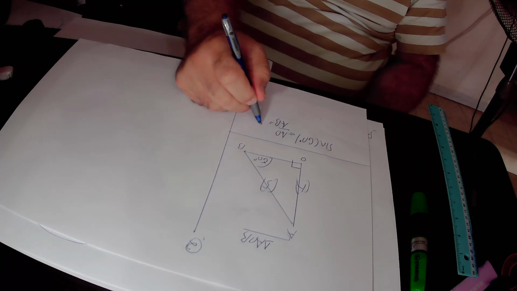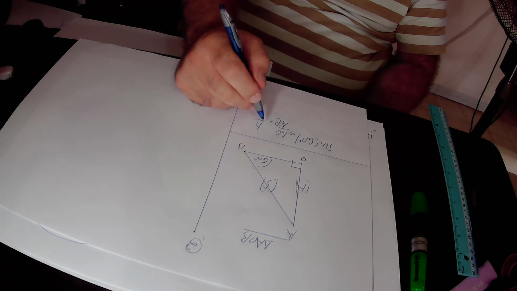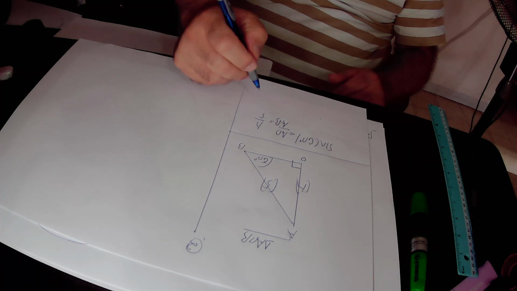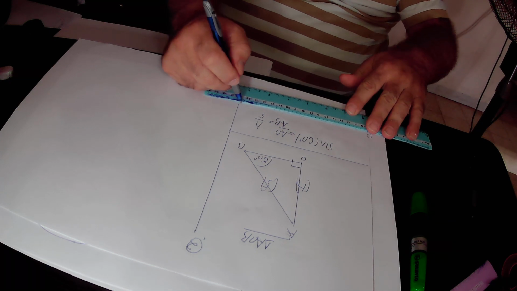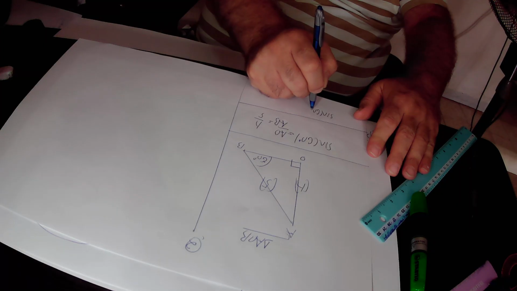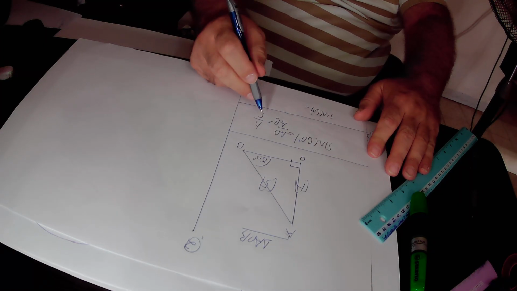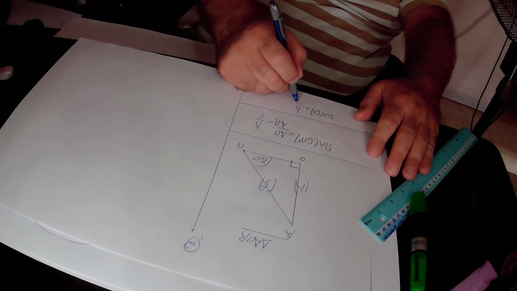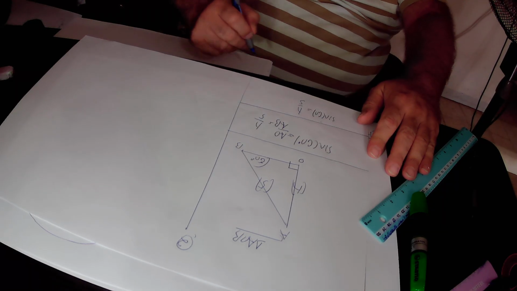AO equals H, and AB equals 5 units in its length. So in total, we found out that sin 60 degrees is equal to H over 5.